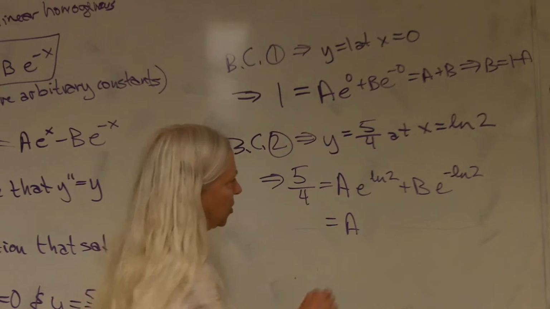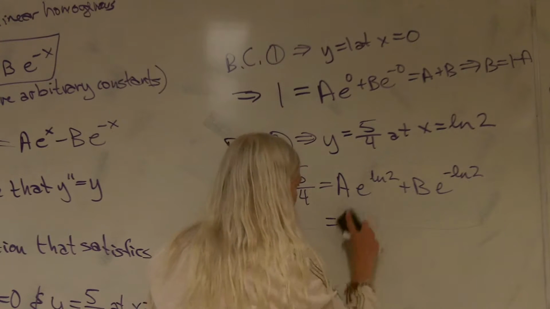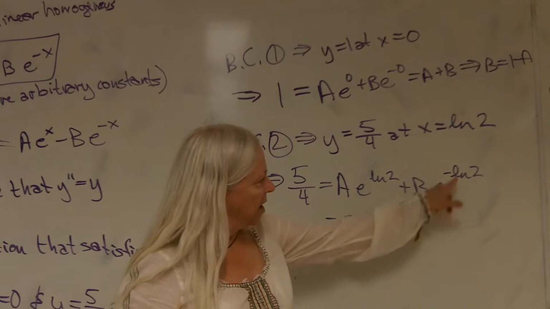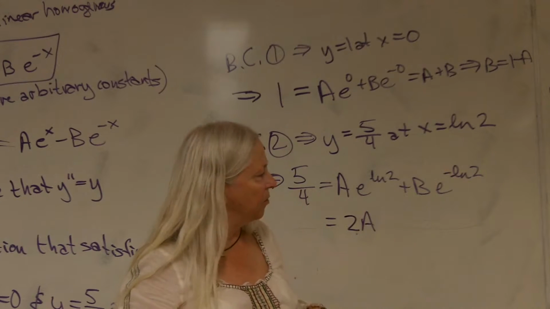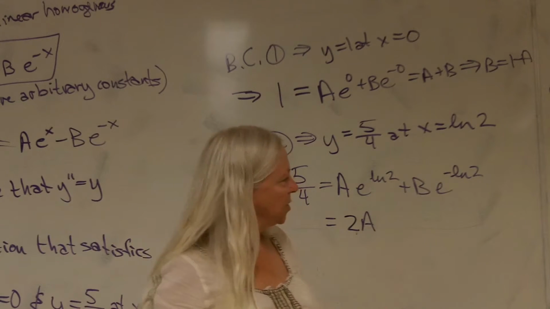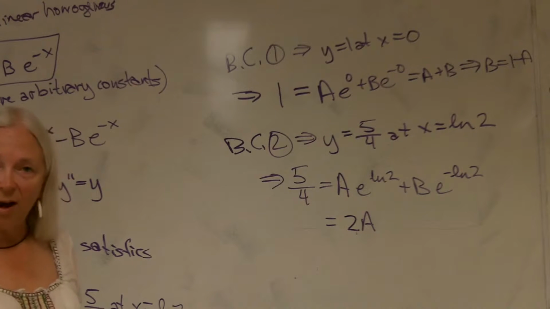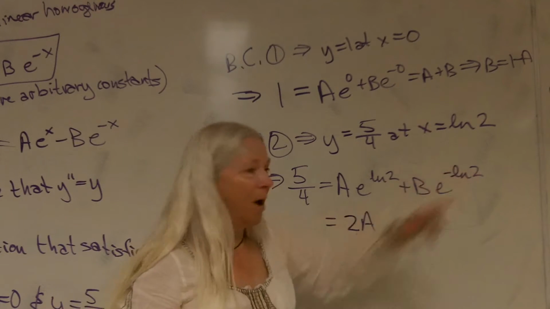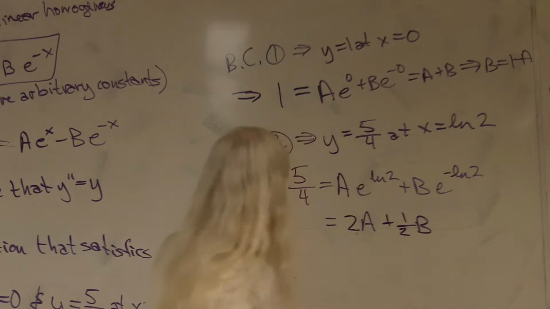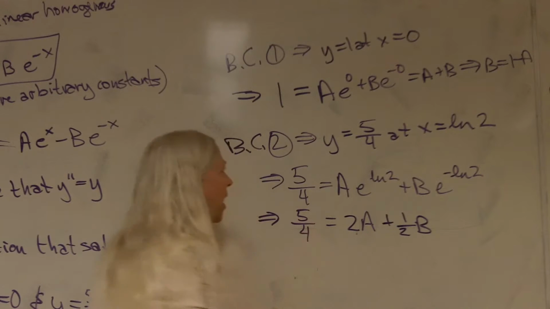Well, e to the log 2, the e undoes the log, so that's just 2a. And similarly here, remember that if you've got a number in front of the log, you can take that inside the log and make it a power. So minus log 2 is the same thing as the log of 2 to the minus 1 power, or in other words, the log of 1/2. So e to the log 1/2 is 1/2, and this is 1/2 b. So 5/4 is equal to 2a plus 1/2 b.